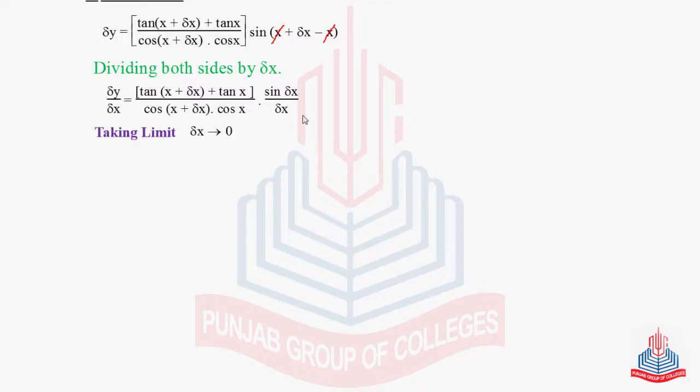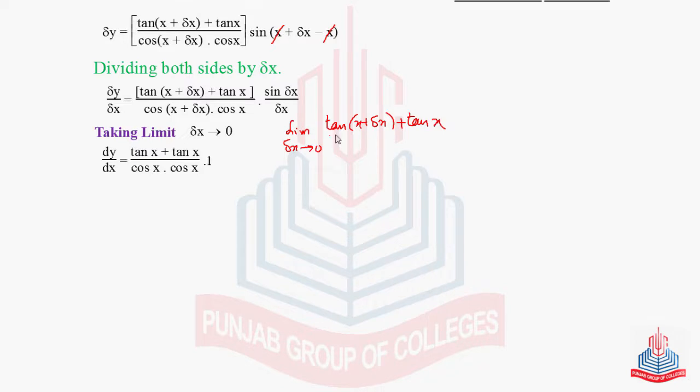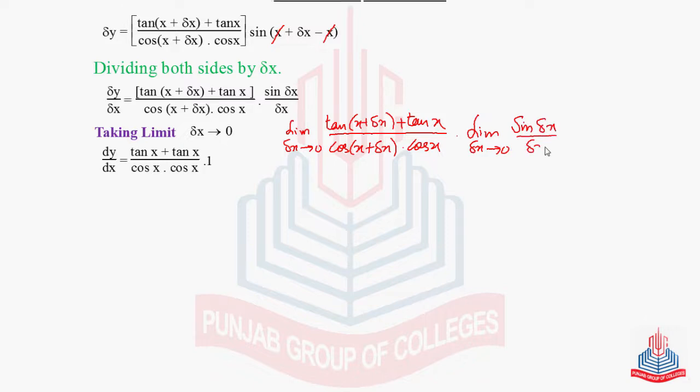Taking limit delta x approaches 0 on both sides, this will become limit delta x approaches 0 of delta y by delta x, which is dy by dx, and when we apply limit delta x approaches 0 on the right hand side, the limit of tan x plus delta x plus tan x divided by cos x plus delta x into cos x, and limit delta x approaches 0 of sin delta x divided by delta x.